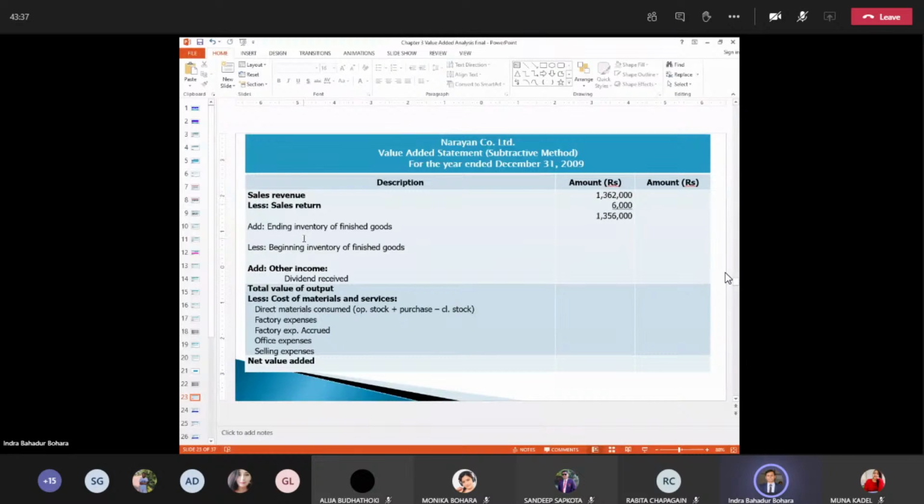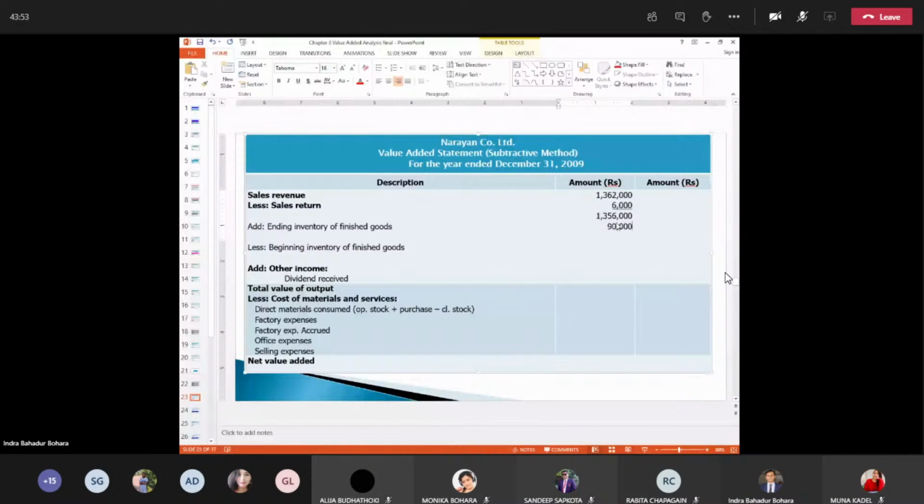Ending inventory of finished goods is 90,000, and opening stock of finished goods is 1,20,000. You add 90,000 to 13,56,000, it is 14 lakh 46,000.